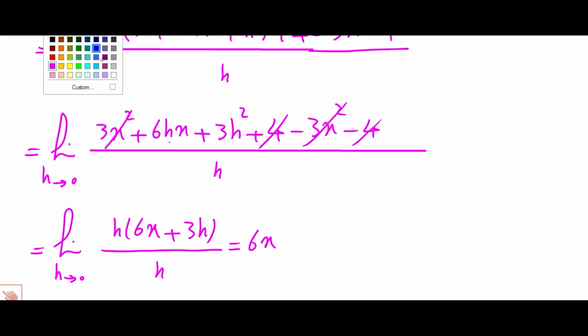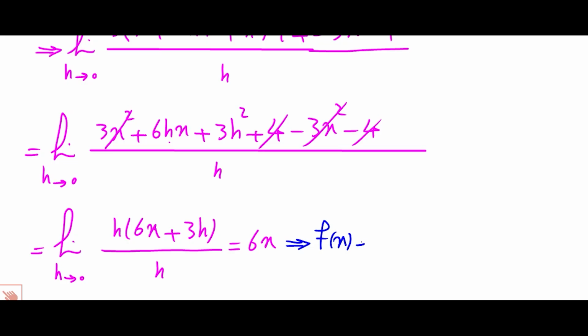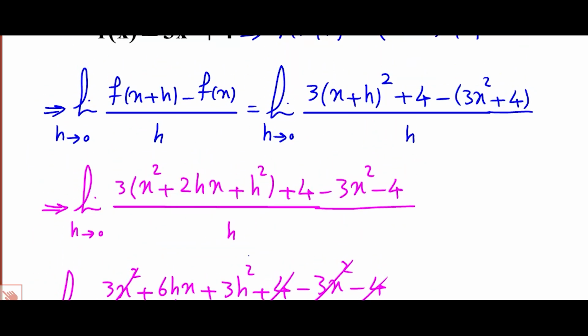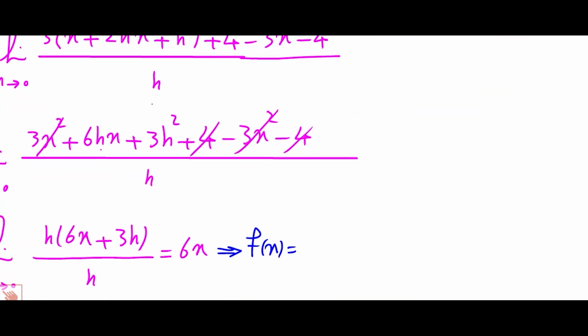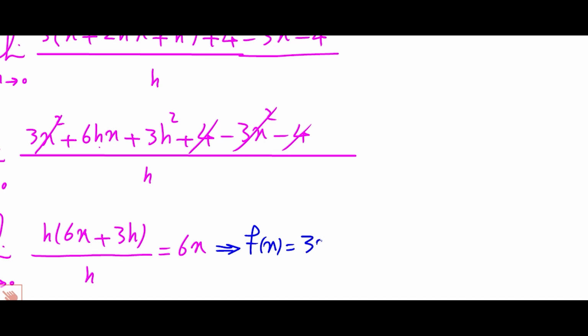Okay, so we say if f of x is equal to 3x squared plus 4, then f prime of x, or the derivative of f of x, is equal to 6x.